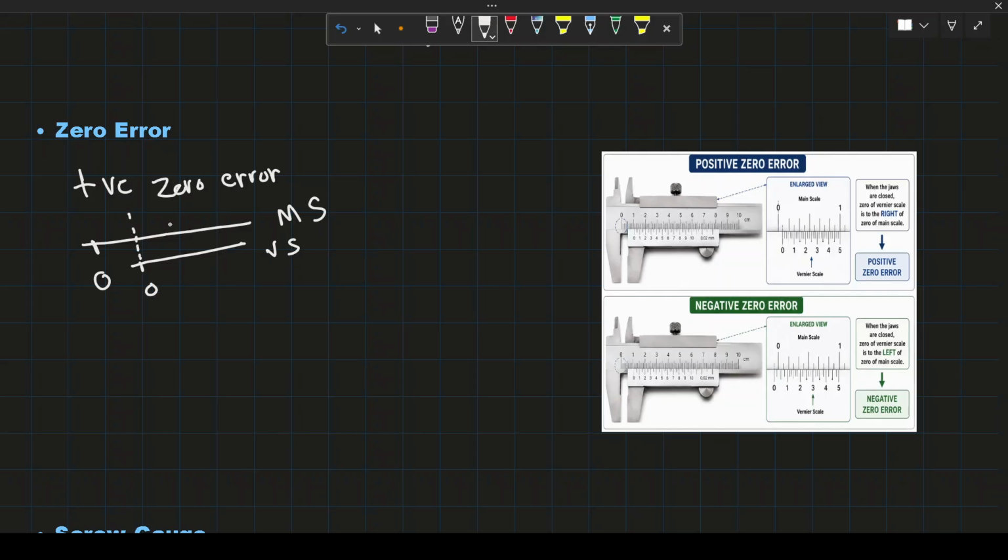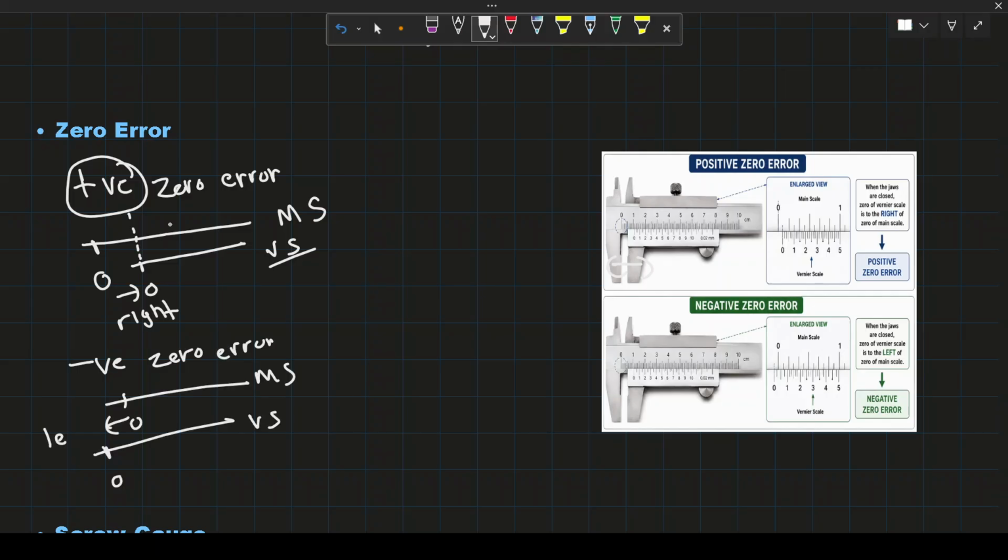When you close both the jaws, if the 0 of the vernier scale is lying to the right side of the main scale, then it will be considered a positive zero error, and a negative zero error when the 0 of the vernier scale is on the left of that of the main scale. As shown in the diagram, you can see the 0 on the vernier scale is to the right of the main scale, and the 0 in the negative zero error is to the left of that of the main scale.